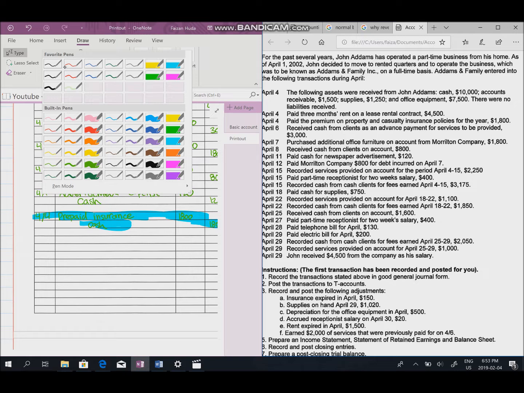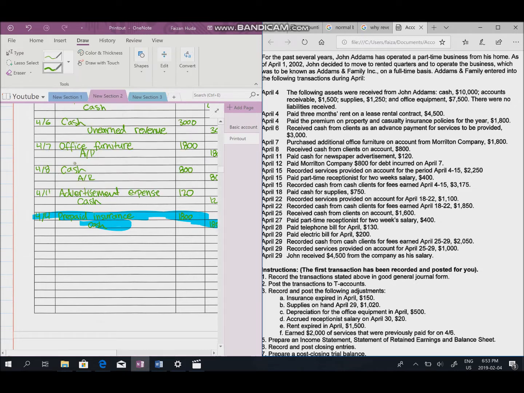Moving on to our next journal entry, which is on, let's see, my last one was on April 11th, so we're on April 12th. April 12th is when we paid Morrill Company $800 for debt incurred on April 7th. Whenever you incur debt, that means you have to pay it.